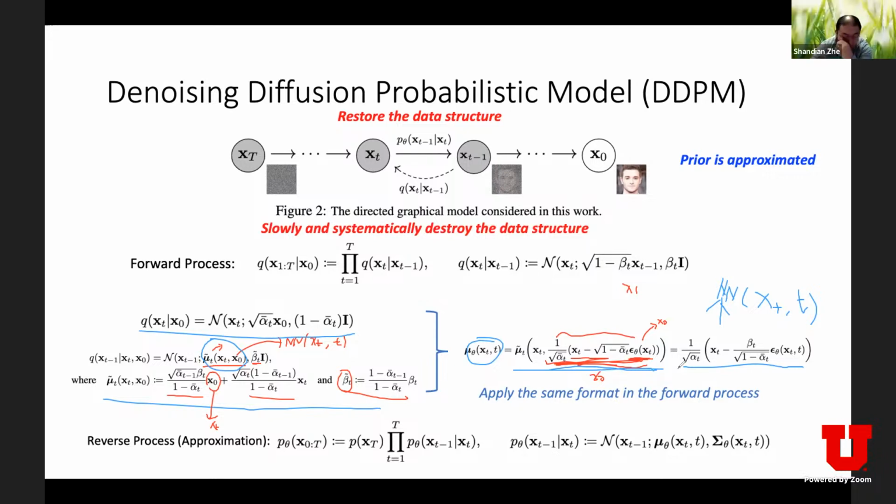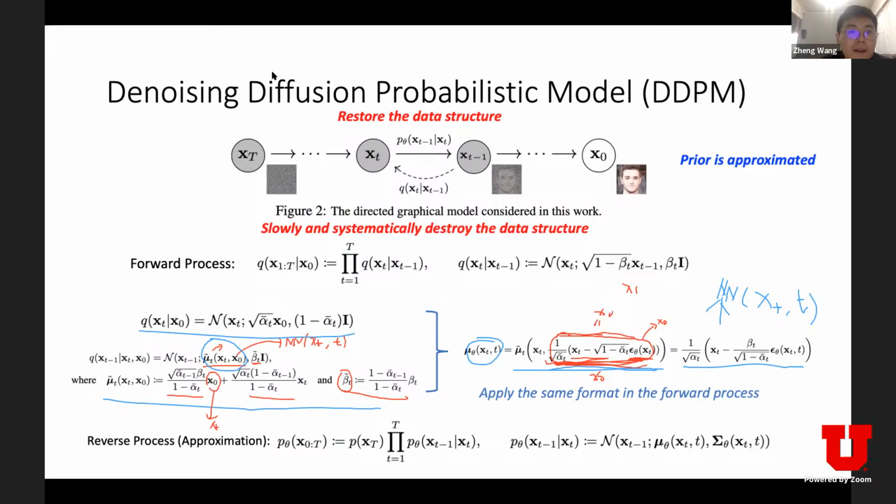So that means this structure is useful. But what's the benefit? What's the rationale to approximate x0 in this way?